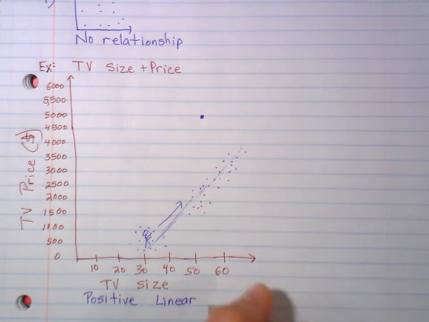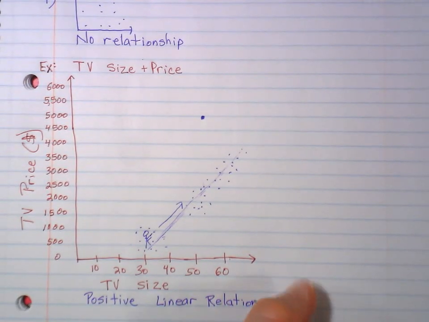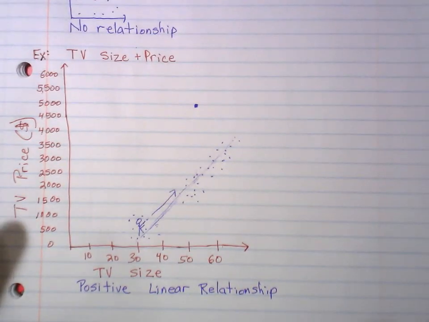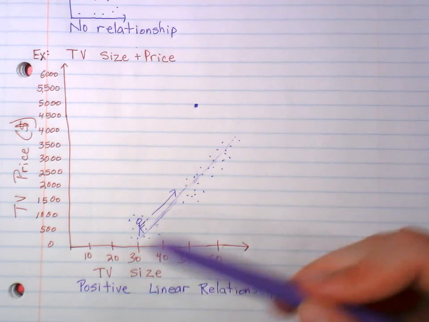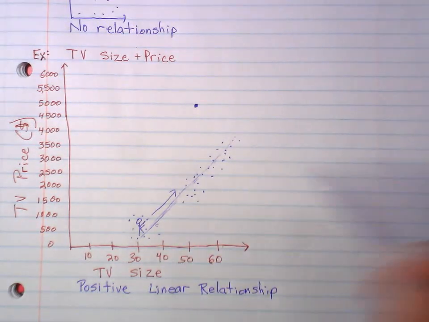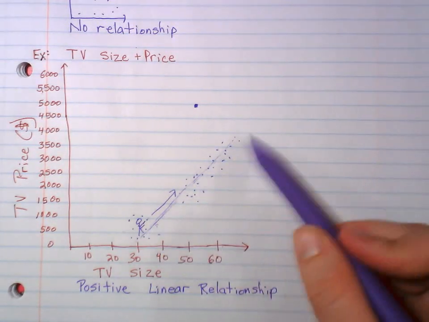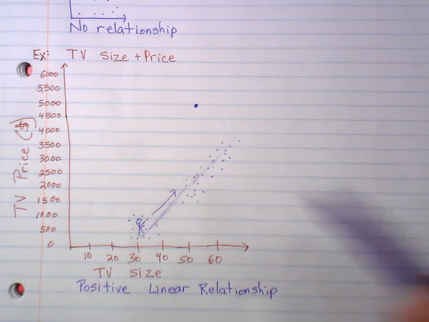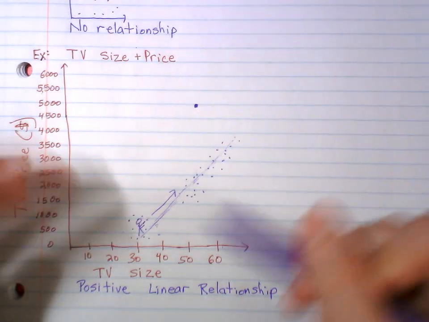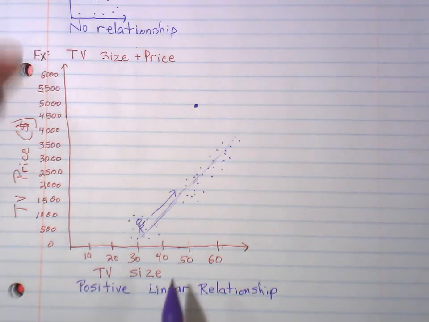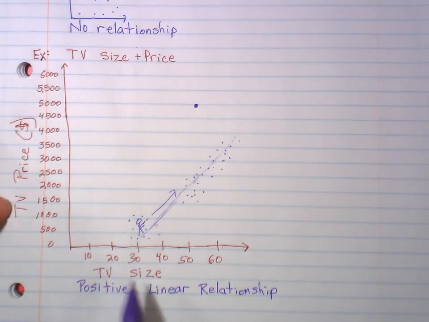Okay, you guys should already know if it's positive or negative, because we've done a lot with slope and lines. So this should be a refresher, just now with a scatter plot. So it's positive, it's increasing, linear, it's a straight line relationship. There is a relationship between TV size and TV price. That's our bivariate, our two variables, TV size, TV price.